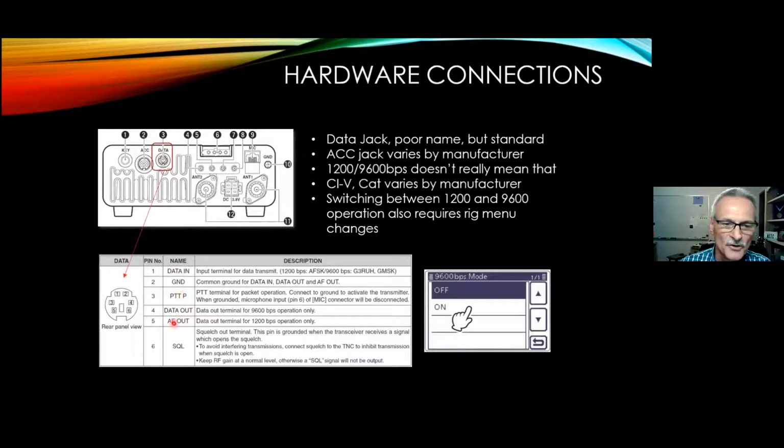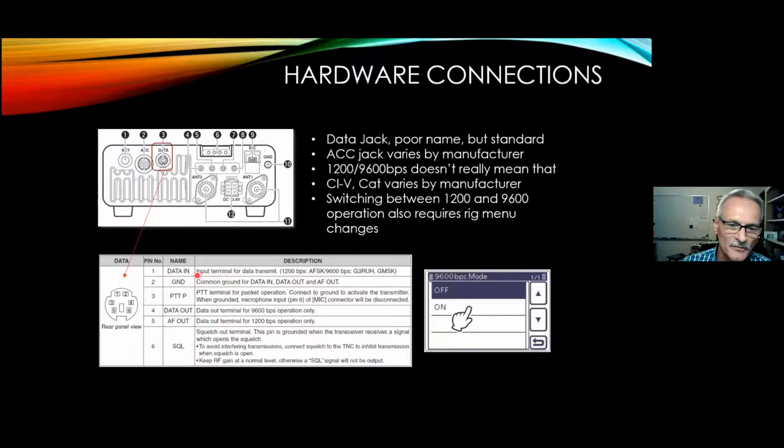They really chose the wrong connector here because there's not enough pins. We use one pin for transmit here, and it's both either the 1200 speed or the 9600 speed. We have two different connections here for the receive audio, one for 9600 and a different one for 1200. One pin for push to talk, and then one pin for a squelch indication from the radio.